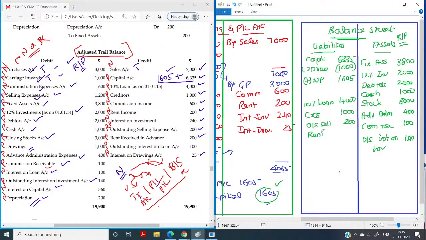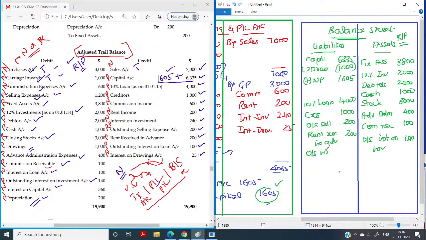If you receive any income in advance, rent received in advance is your liability, because you are now owing to him, so you have to consider this as a liability, 200 rupees. Stand corrected if I am making any calculation or posting errors. Outstanding interest on loan, the value being 100.